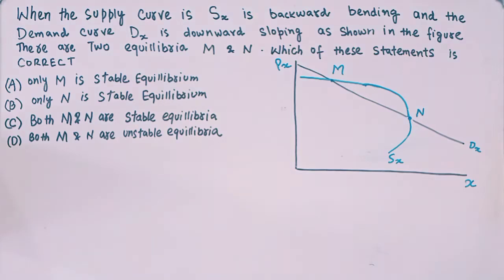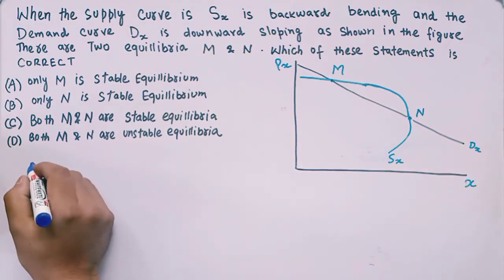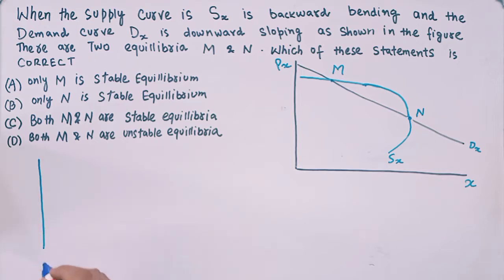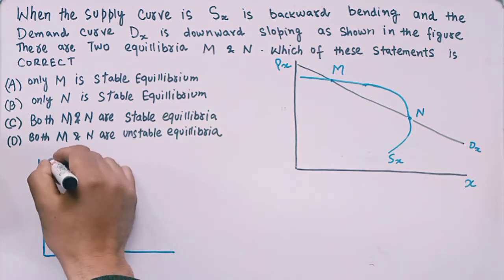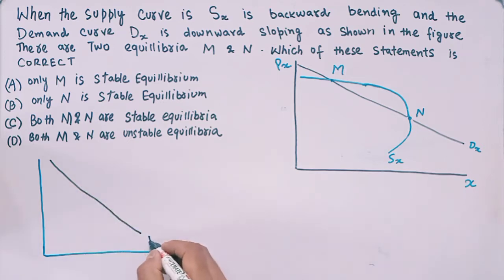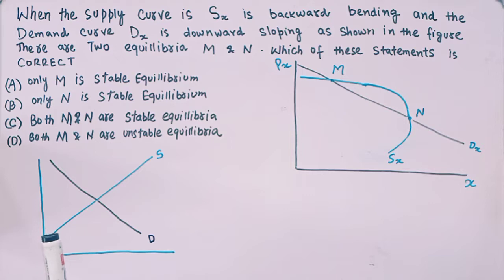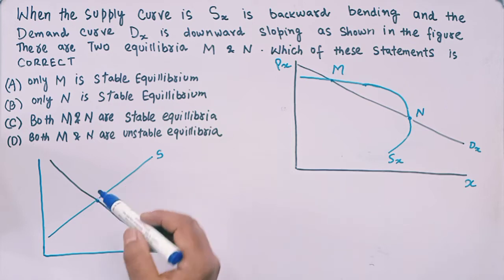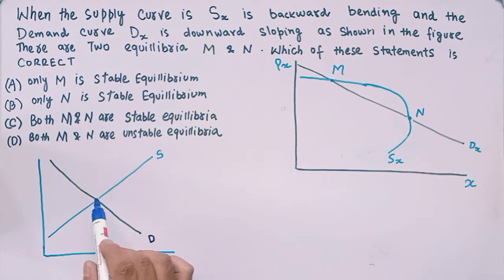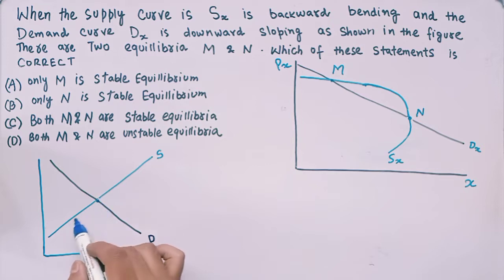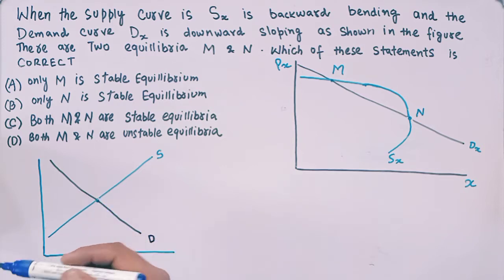If we try to draw the graph of a stable equilibrium position, we have the usual downward sloping demand curve and upward sloping supply curve. Stable equilibrium is where any disturbance is self-adjusting, so that the old equilibrium position is restored.